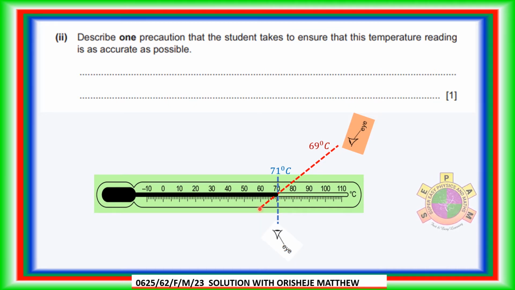So two students are reading the same temperature, one is correct and one is wrong. If you view perpendicularly, that gives you a better reading. So view the scale reading perpendicularly. That is one precaution. Then the second precaution is ensure that the rising of the mercury stops before you take your reading.